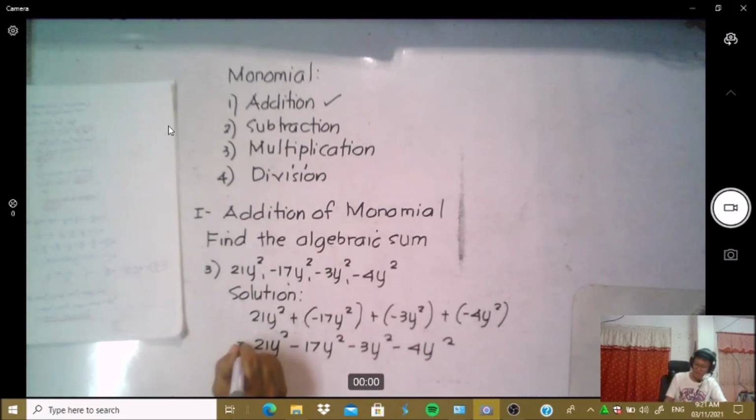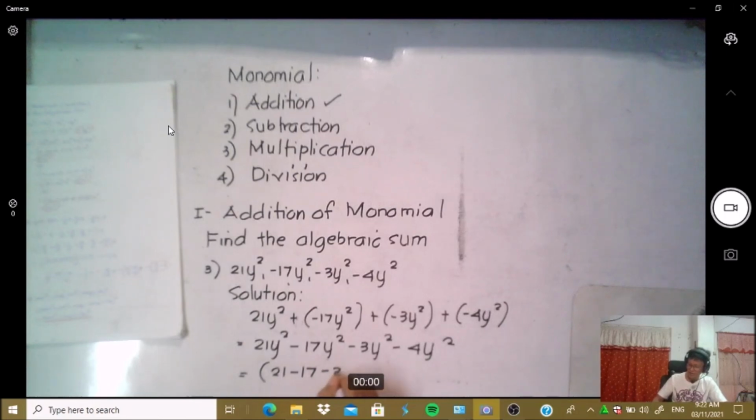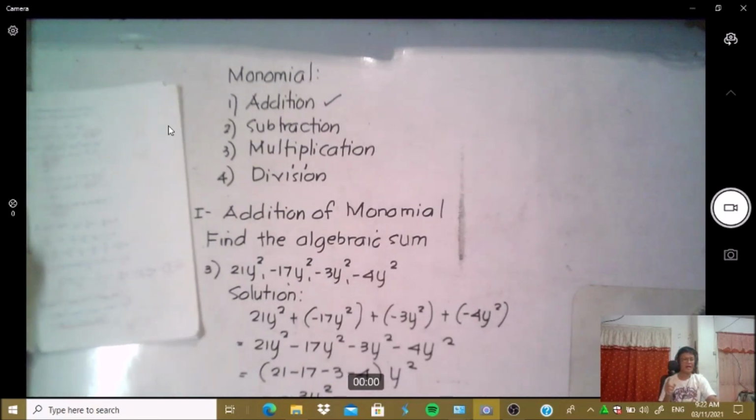Okay, now actually, we can get the algebraic summation of the coefficients, then factor out y squared, and this will yield negative 3y squared. And this is now our answer.